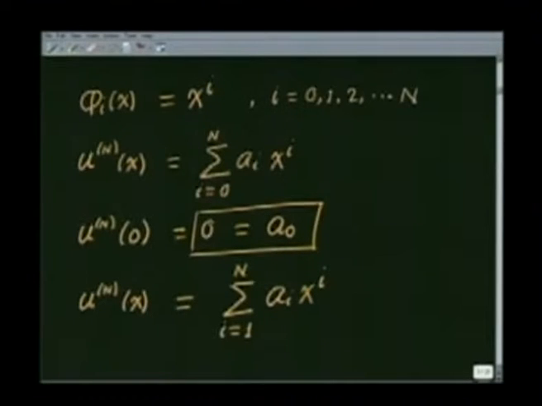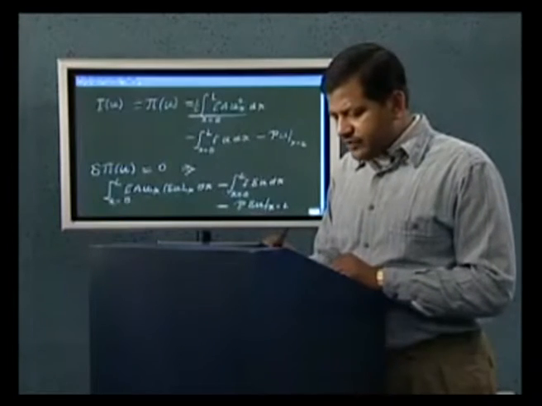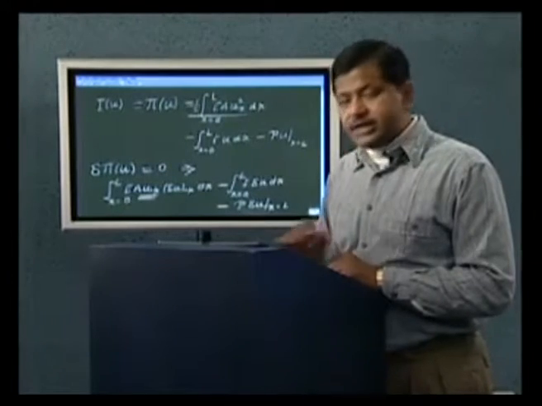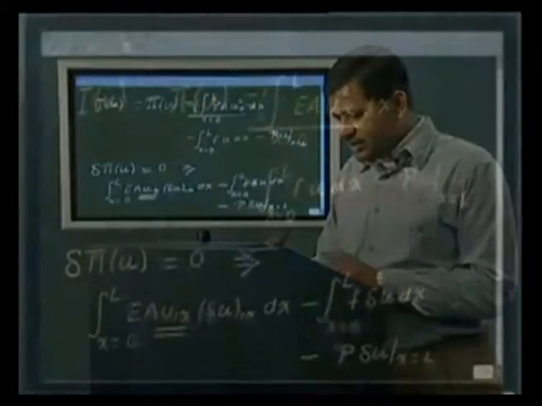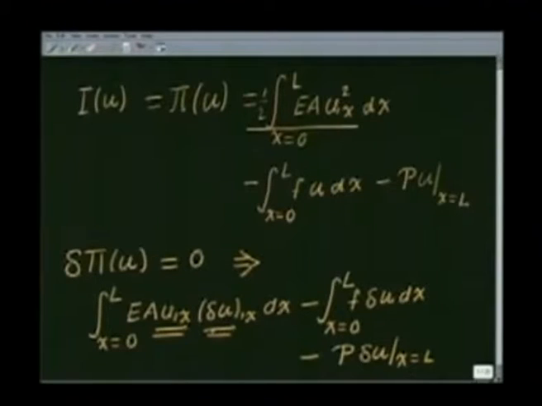Once we get this expression, the question is, how do we obtain these coefficients? So let us go back to our variational formulation. Here we have u_x and the variation of u_x. Instead of u(x), we are going to substitute u_n(x), and the variation of u will become the variation of u_n(x).